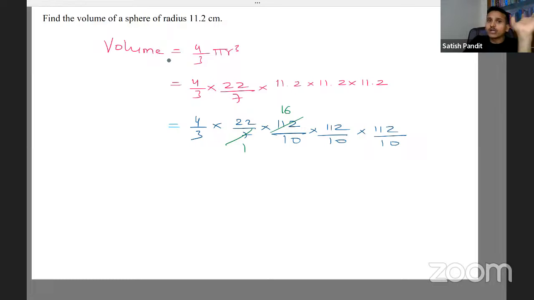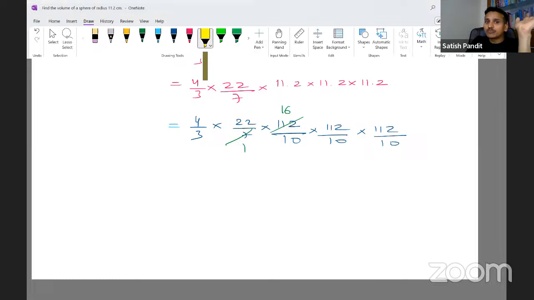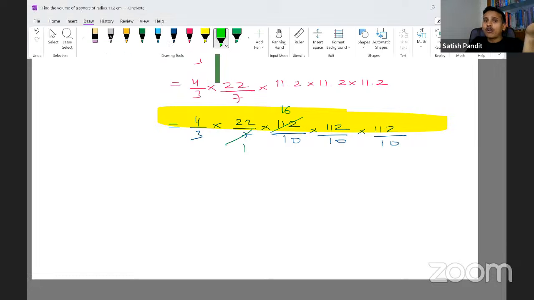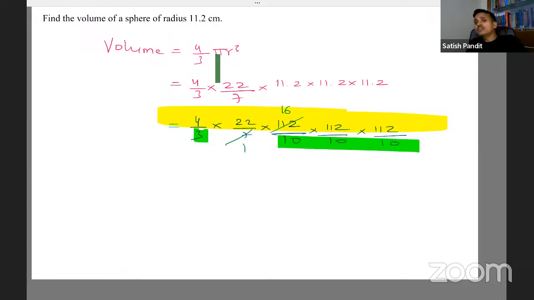So what we'll do right now is we have to multiply the numerator. In the denominator, we just have 3 and 10s, but we'll not divide by these because we'll put decimal places because of this. So we'll just multiply all of these. If you multiply, it will take time, obviously.